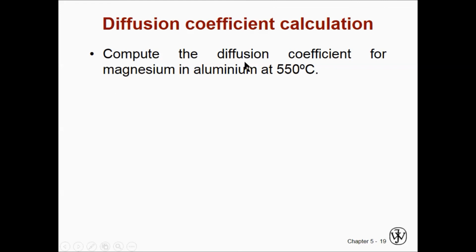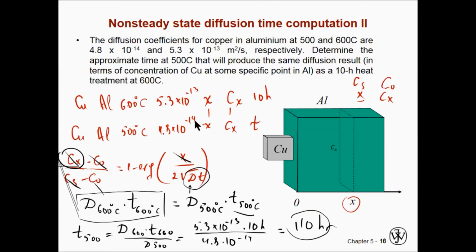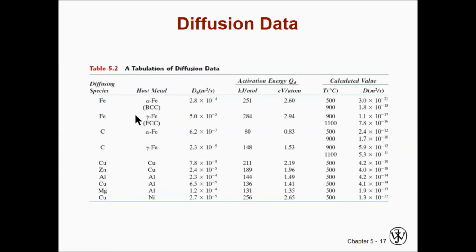Now we have to compute the diffusion coefficient for magnesium in aluminum. So we are diffusing magnesium in aluminum at 500 degrees Celsius. So let's go to the table. Magnesium in aluminum. Here, magnesium is diffusing into aluminum, but I have only 500 degrees listed here.